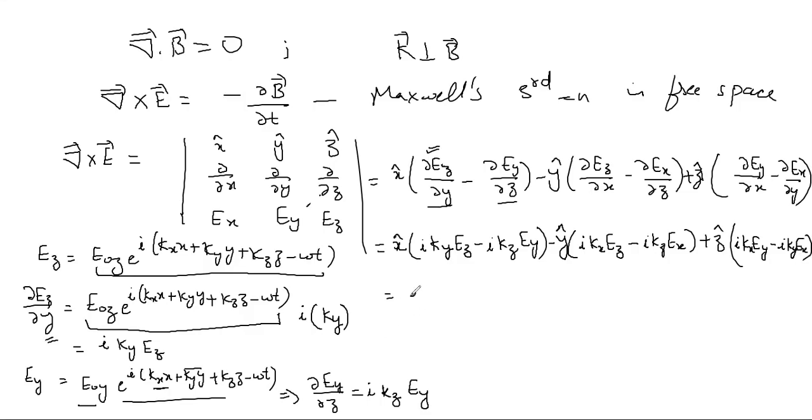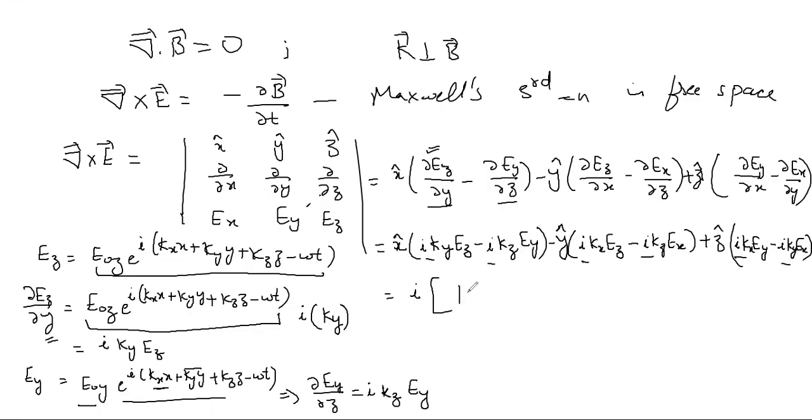Iota is common everywhere. You can take iota out from every single term here. You have ky Ez minus kz Ey, kx Ez minus kz Ex, kx Ey minus ky Ex.